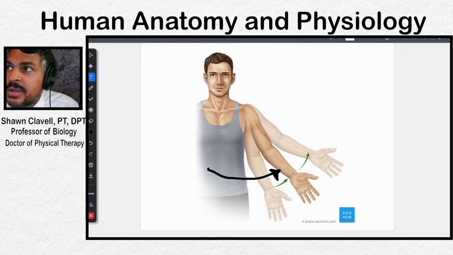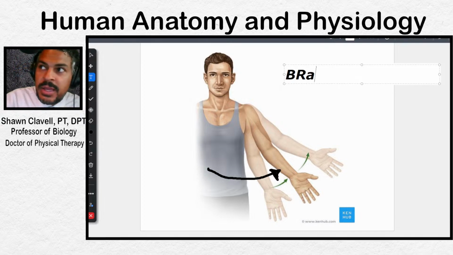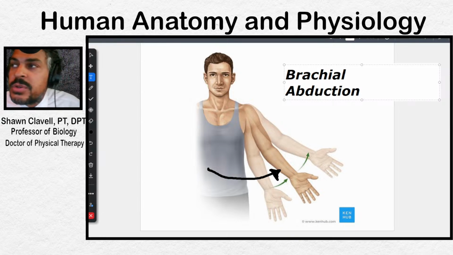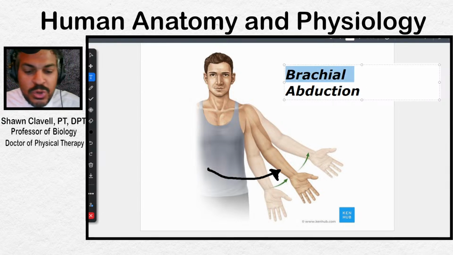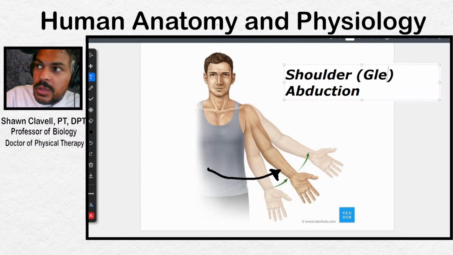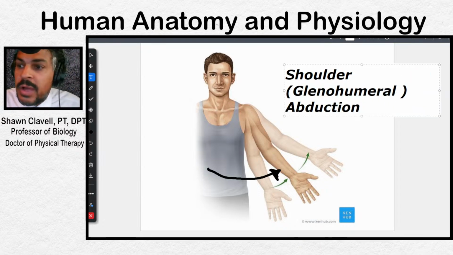And so you could say that this is brachial, because this is the upper arm that they're referring to. That could be brachial abduction. But you could also say shoulder. The technical term for your shoulder would be the glenohumeral, or glenohumeral abduction.